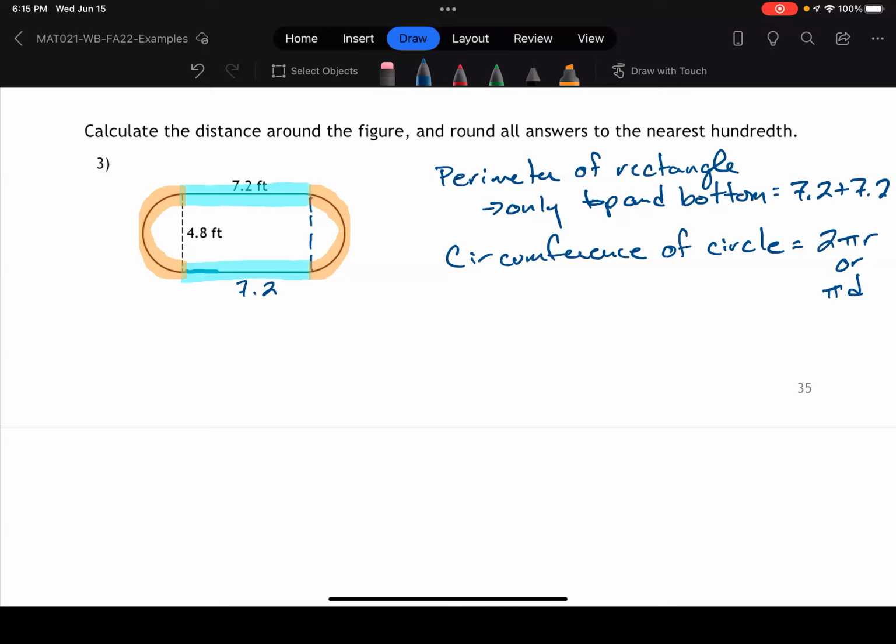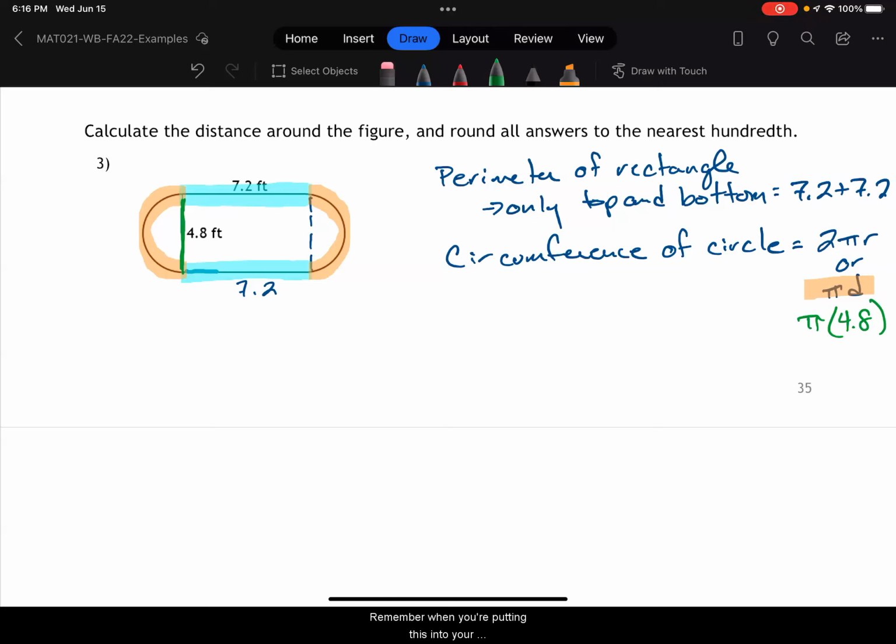In this case, I'm going to use pi d, or pi times diameter, because that 4.8 in our figure is the diameter of the circle. It's also the end of the rectangle that we're not going to put in our perimeter, but it is the diameter of our circle. So for that one, we would have pi times 4.8.